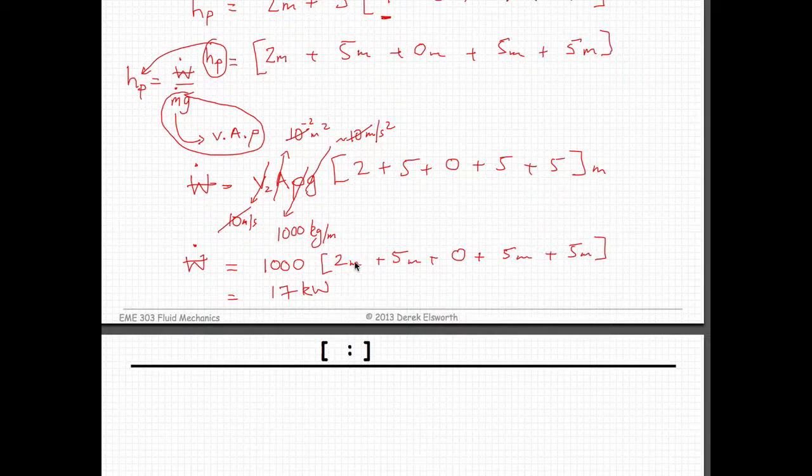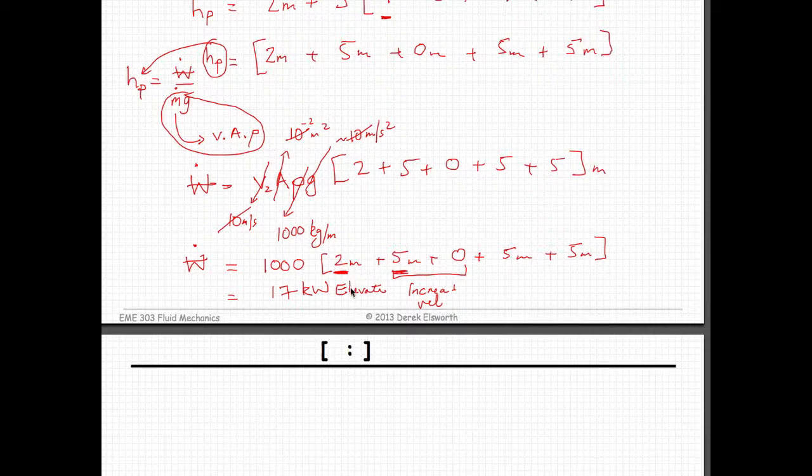So of this, if you had a perfectly frictionless system, then the only parts that you'd use would be by elevating the fluid to this amount and by increasing its velocity from essentially zero velocity to 5 meters, which are these two here. So this is increased velocity, to accelerate it, and this is to elevate it. If you moved it at a very slow rate, then you'd only need to use 2 kilowatts.